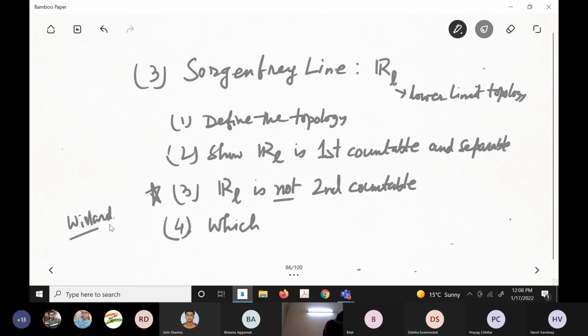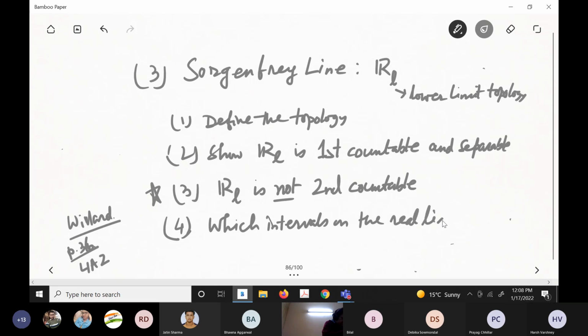If you want to see, it's a problem in Willard, page 36, 4A2. Which intervals on the real line are open in order? Look, in R with the usual topology we know an interval will be open if and only if it is an open interval. But here, which intervals?